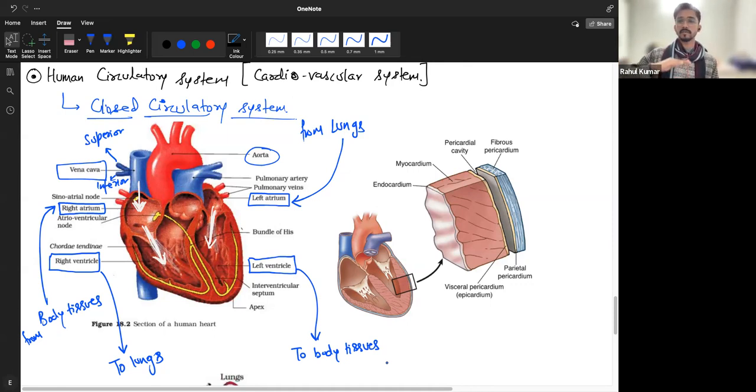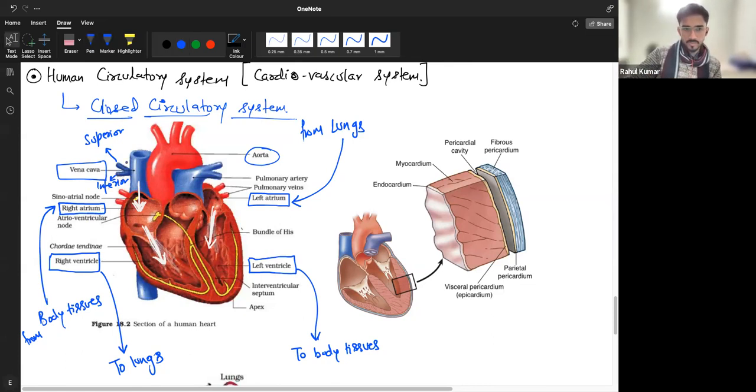So the part of the body which is below the heart, that blood comes through inferior vena cava. Finally it merges into inferior vena cava, and blood from upper part of the body comes from superior vena cava. They are called inferior and superior just on the basis of their positioning. One goes up, so superior, the other goes down, so inferior.